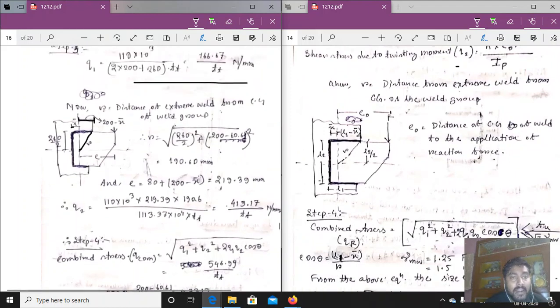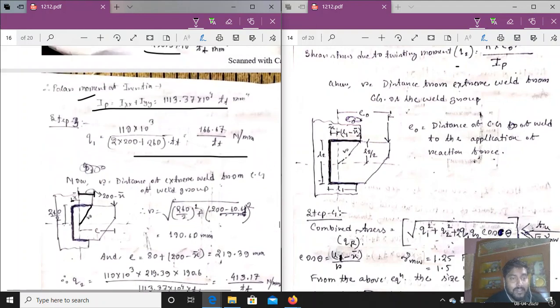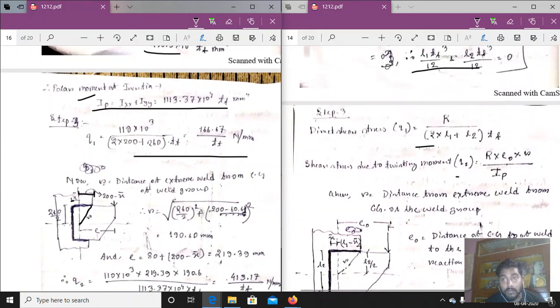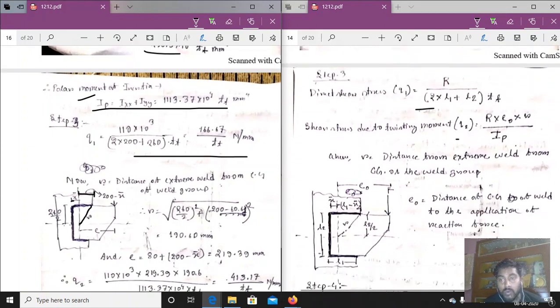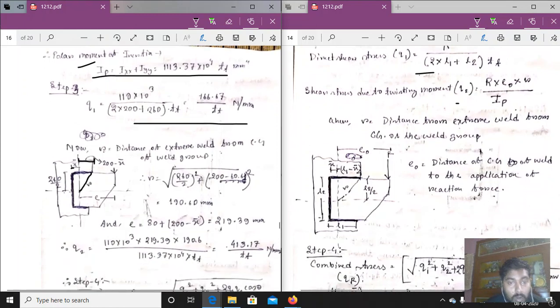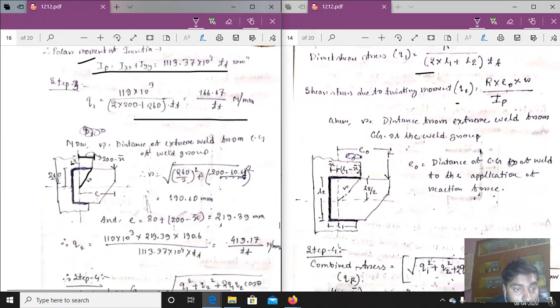L1 is 200, so 200 minus 60.61 is the value of r. And the second one, r1 plus, and this is 260 by 2, so we have got the value of r.